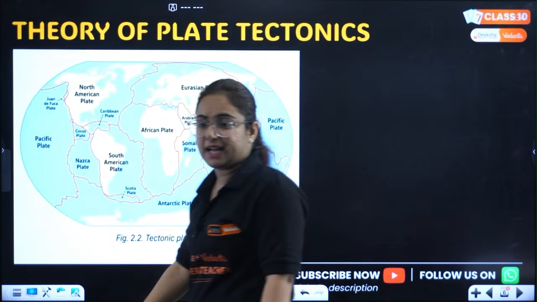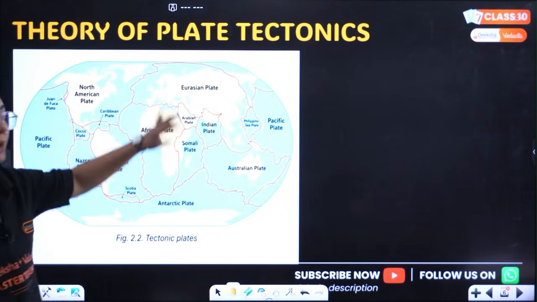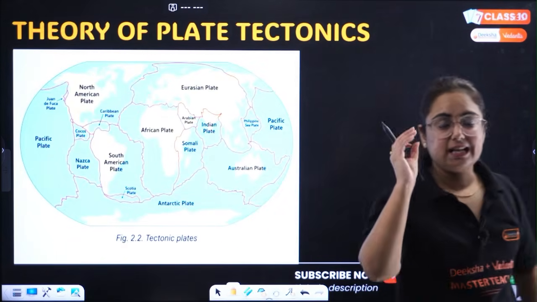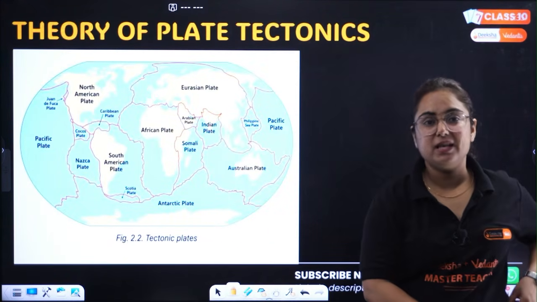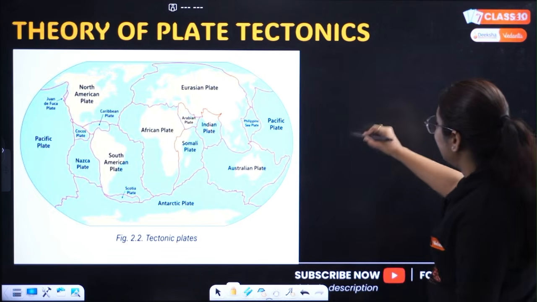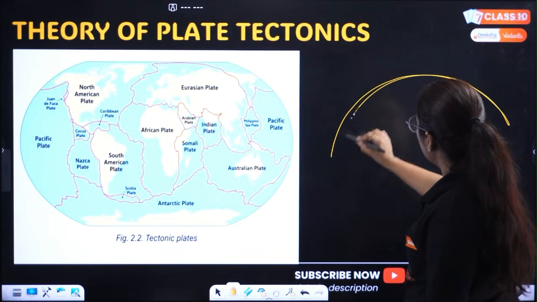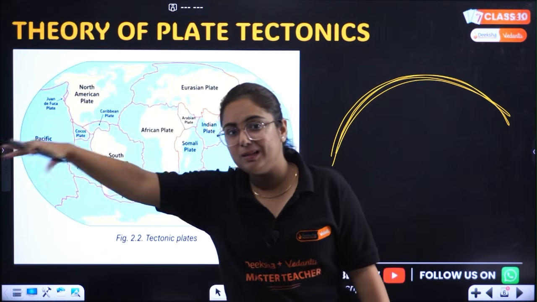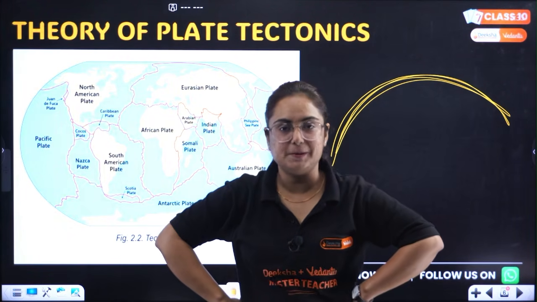Now comes the second and the most important topic of this chapter, that is the theory of plate tectonics. We see that there are 3 layers of the earth: crust, mantle and core. The crust, the topmost layer of the earth, is not at all one single block. It cannot be possible.